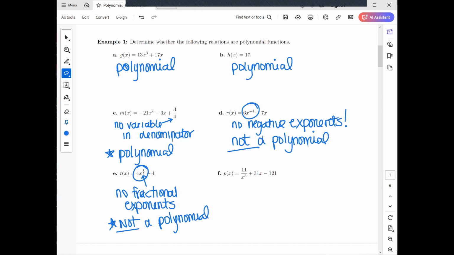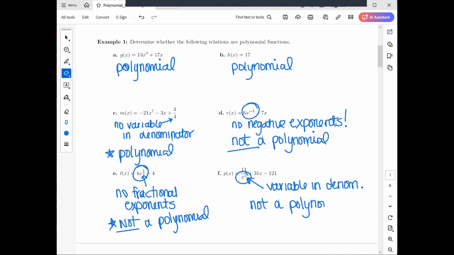Let's look at the last one. We have p of x is equal to 11 all over x to the 3rd plus 31x minus 121. Again, not following the rules. This guy has a variable in the denominator. And remember, the denominator is the bottom part of the fraction, which means that he is not part of the polynomial club.